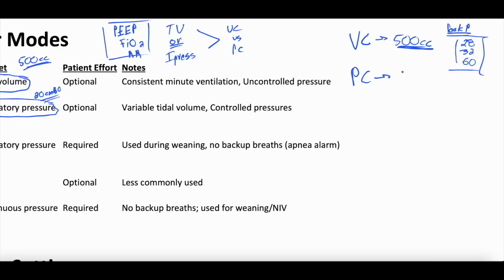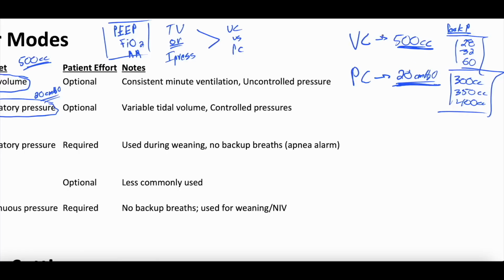Whereas pressure control, you're setting that pressure, right? You say, let's give them 20 centimeters of water above their PEEP. And then what you're looking at on the ventilator is how much tidal volume this creates. That might create 300 cc's, or maybe 350, or maybe 400. It just depends on the patient and their physiology. But that tidal volume with each breath is going to change, whereas the inspiratory pressure that you set is stable each time.